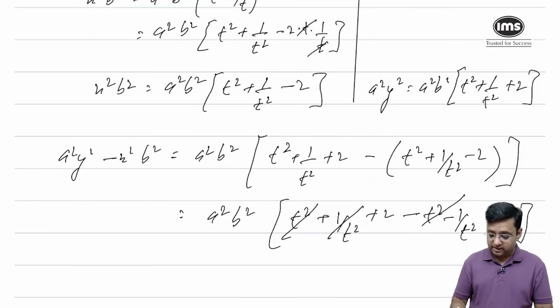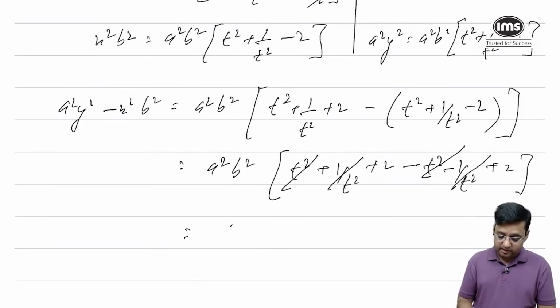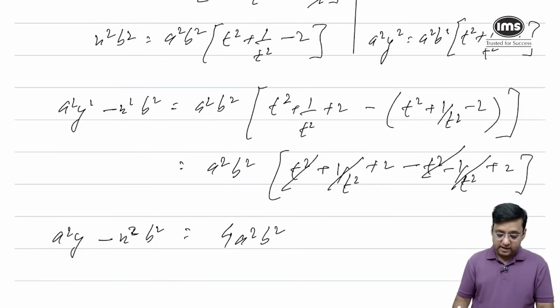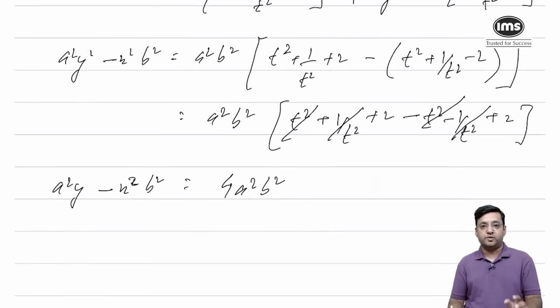And this is going to cancel out, and we are left with 4a square b square, and we have a square y square minus x square b square. At this point, we are going to differentiate the value.